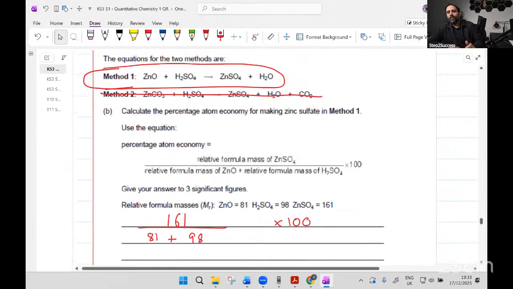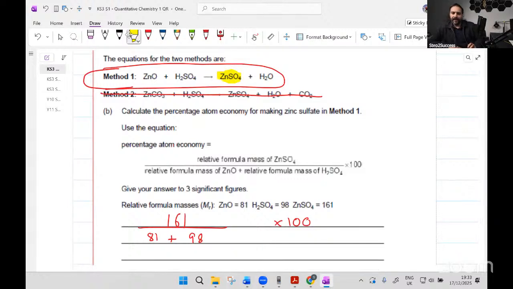Just so you understand what we've actually done there, in any chemical reaction, ultimately there is one thing we're trying to make. That is what I would call the desired product. There is something else that's often a waste. In this case, water is the wasted thing. We're trying to make zinc sulfate. So what you do is you take the thing that you want to make, work out its relative formula mass. That's where the 161 came from.